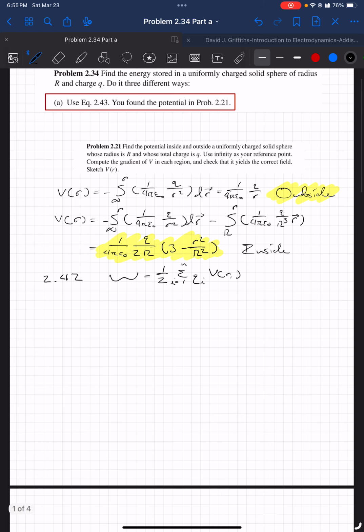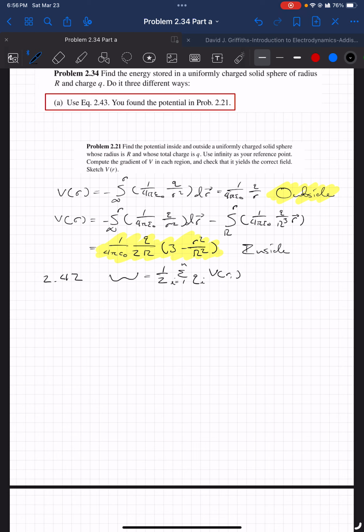Now, this equation, as Griffith states, is, quote, how much work it takes to assemble a configuration of point charges. It's also the amount of work you'd get back if you dismantled the system. In the meantime, it represents energy stored in the configuration.